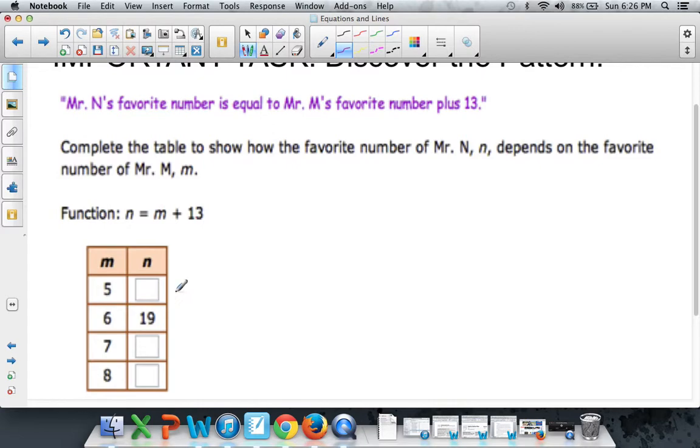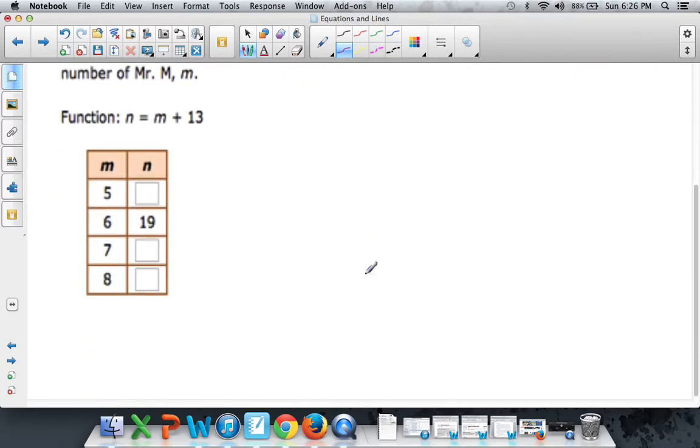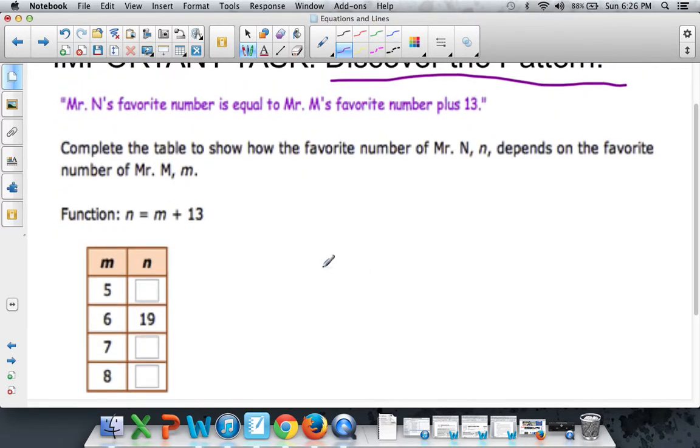Alright. Here, this is why I have the important task of discovering the pattern on every page, because of problems like this. Let's read this together. Mr. N's favorite number is equal to Mr. M's favorite number plus 13.